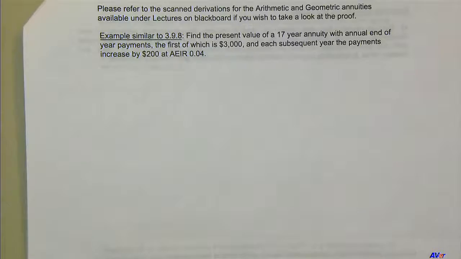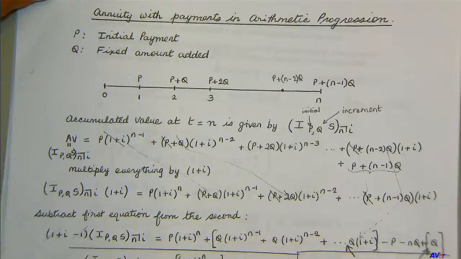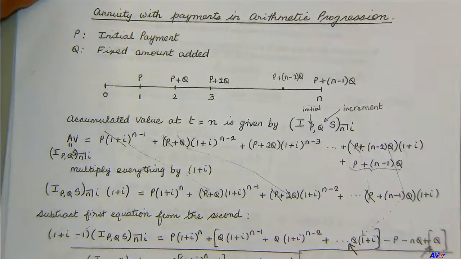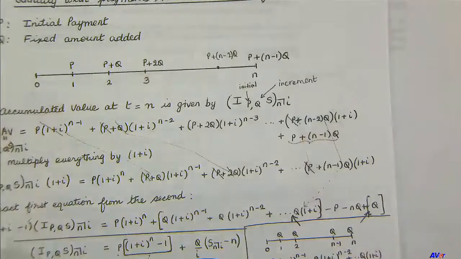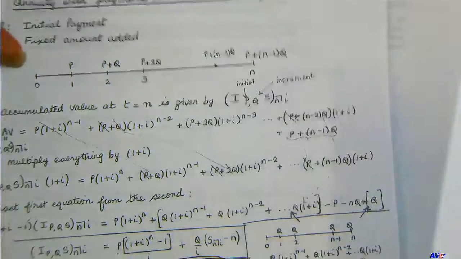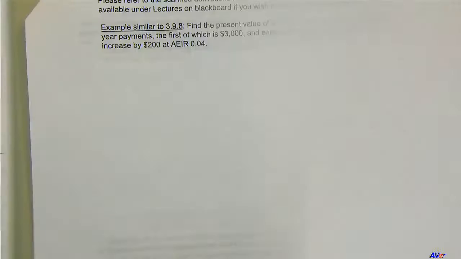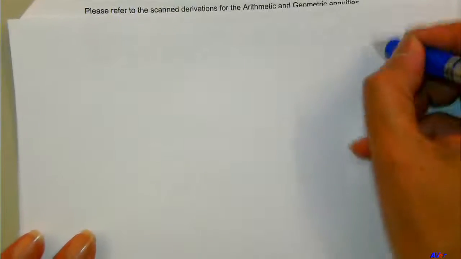So next page, what you'd have to look at is this page that I put up in your Blackboard, where it gives you the formula. There are 2 formulas that you must know, okay? Let's write those down, nice and big. The first one is the present value of the arithmetic annuity. So what page should this be? 10A?